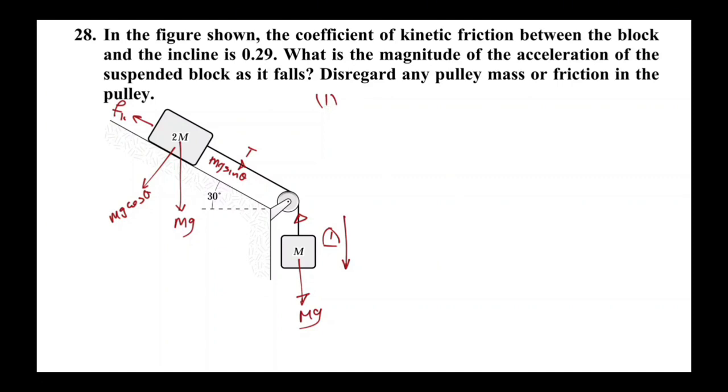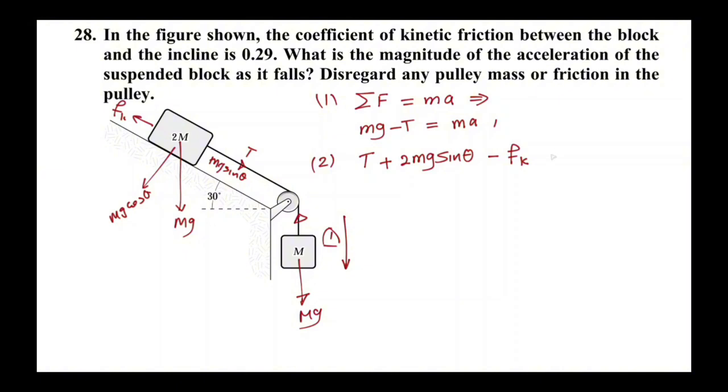On system 1, sum of all forces equal to MA, or in other words, mg minus tension equal to MA. On system 2, tension plus 2mg, because the mass is 2m, sine theta minus friction, kinetic friction, equal to 2ma.